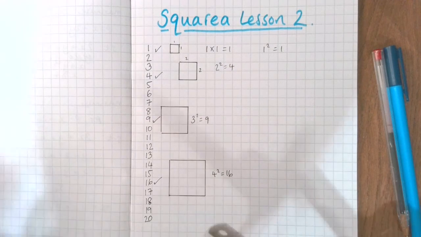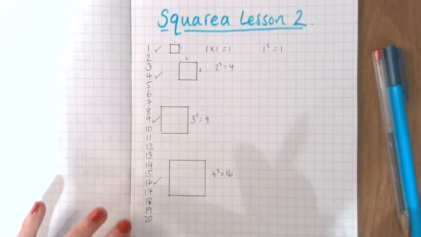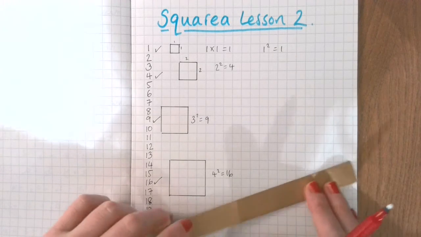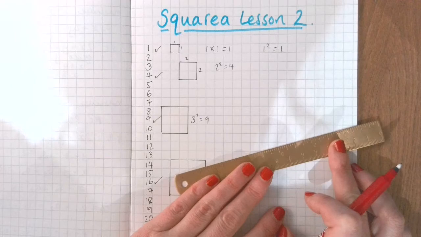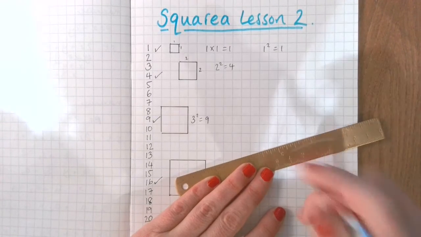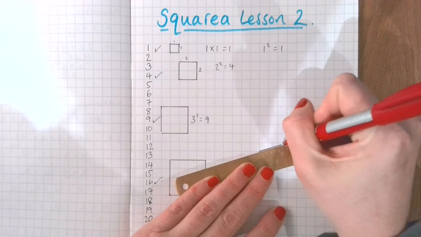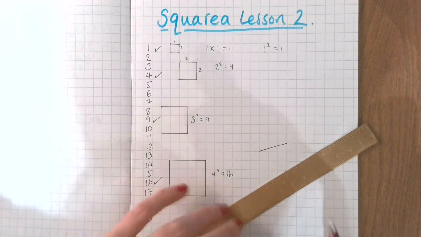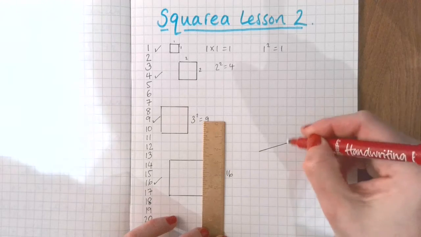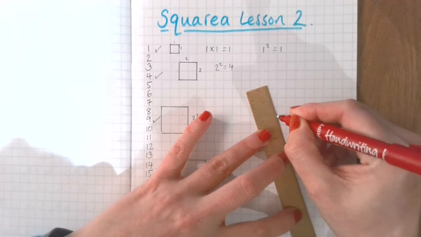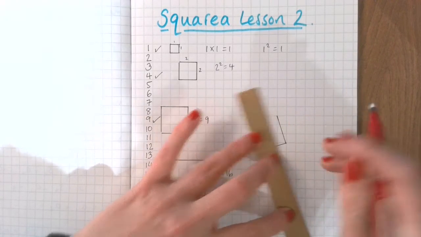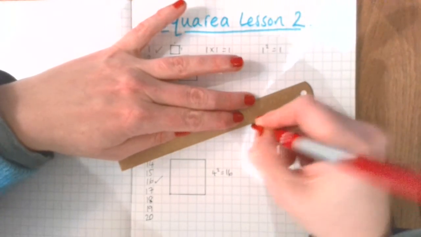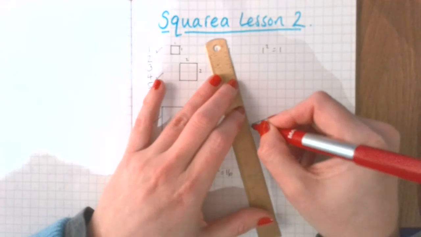I'm going to draw a square in a slightly different way. I'm going to say that this line here is going to be one of my sides of the square. This one here, this one here, and this one here.